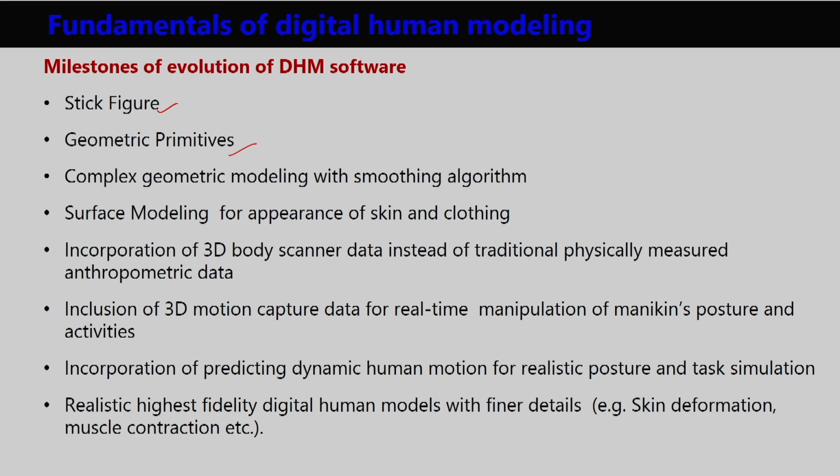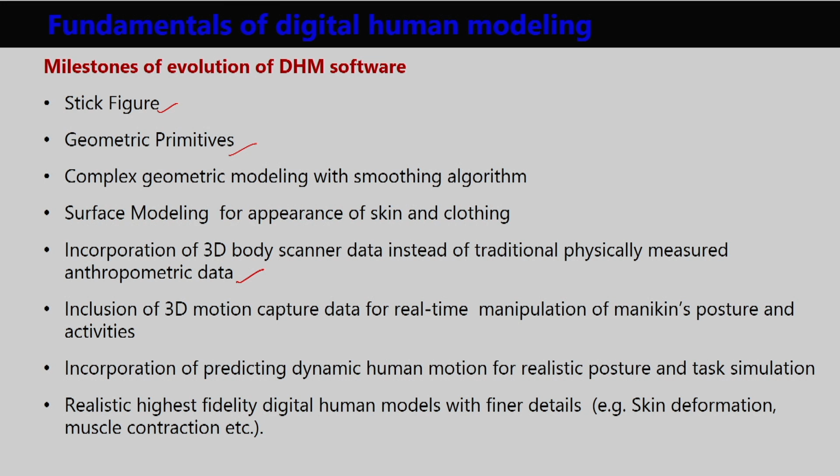surface geometry. Then gradually there was incorporation of 3D body scanning data in place of the traditional physically measured anthropometric data. Then came the inclusion of motion capture data for real time manipulation of mannequin posture and activities. With the advancement of technology, digital human modeling software and its developments also moved forward.